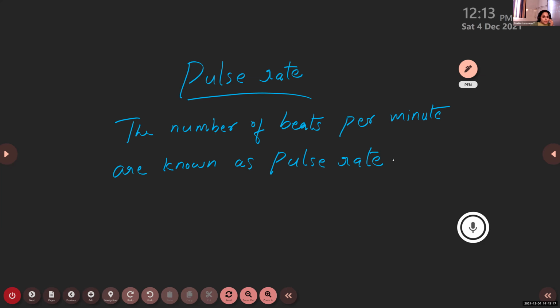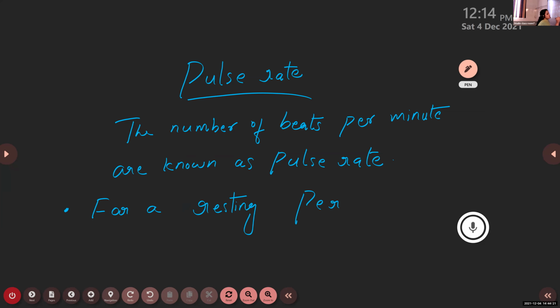So here we counted the pulse rate of your classmates, right? For a normal person who is in a rest position, the pulse rate is between 72 and 80. Okay. What about the pulse rate of a normal resting person?